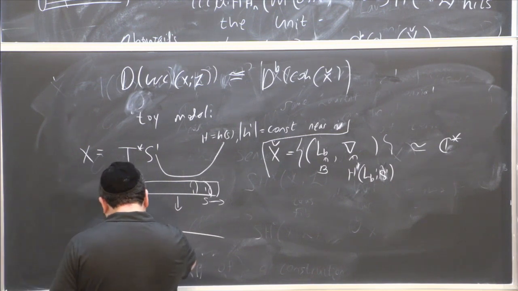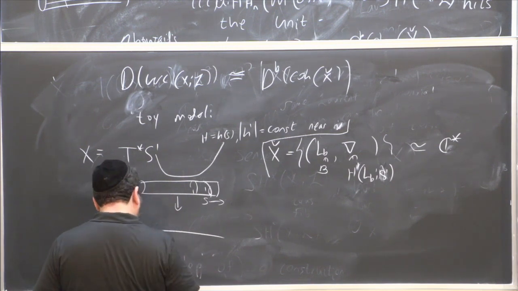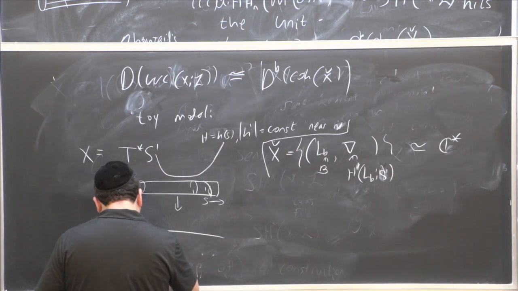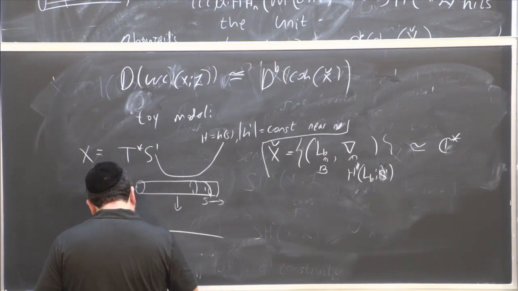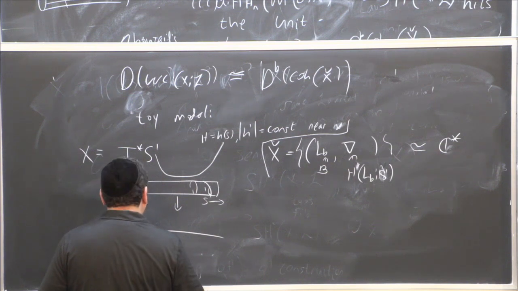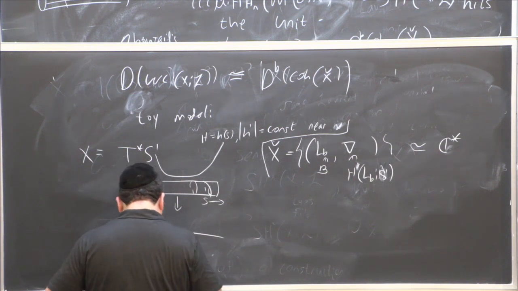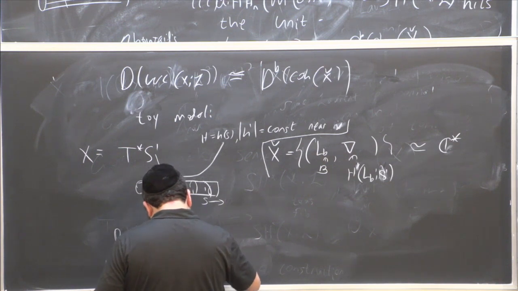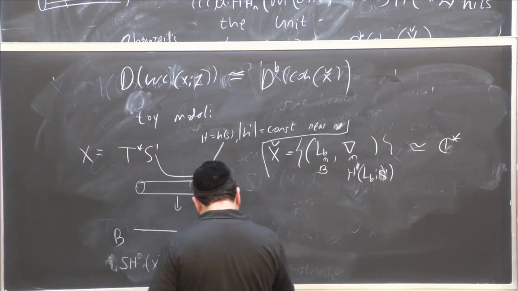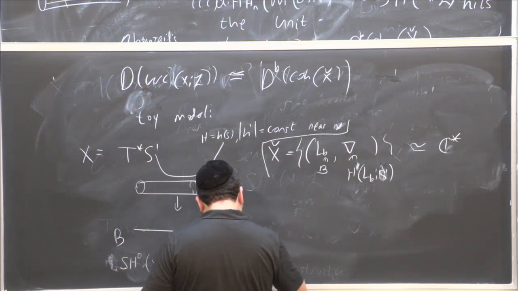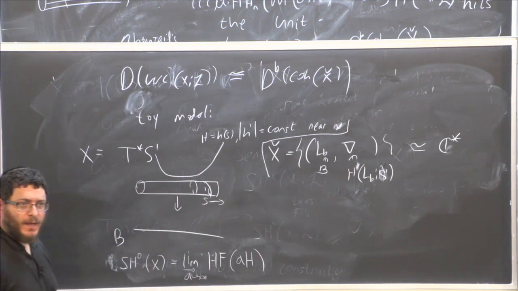Symplectic homology is defined as follows. Let's call it zero symplectic homology of X. It is the direct limit, as a goes to infinity, of Floer homologies of, say, a times this function h.